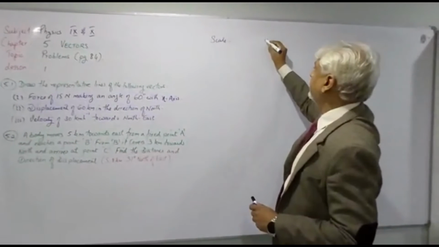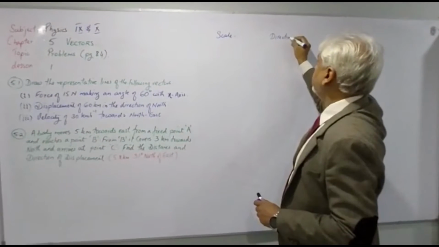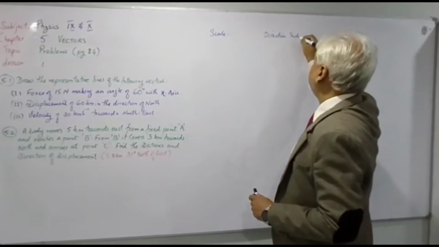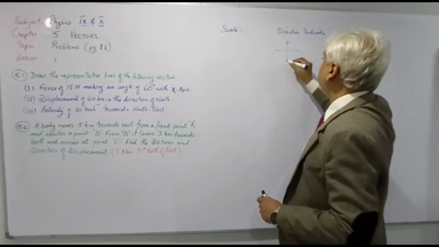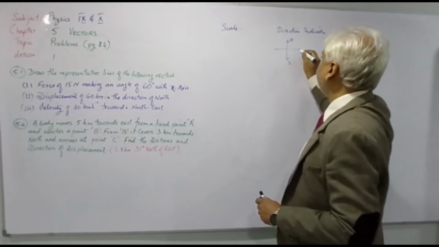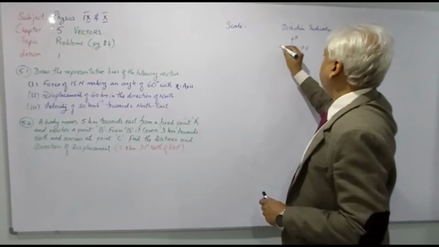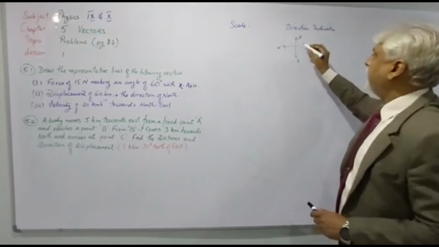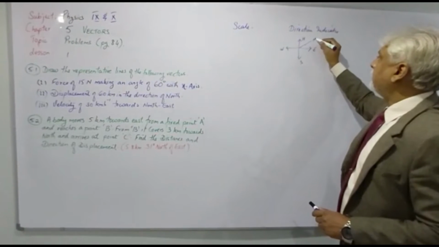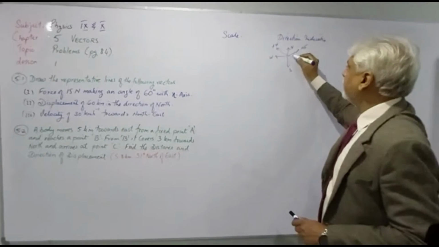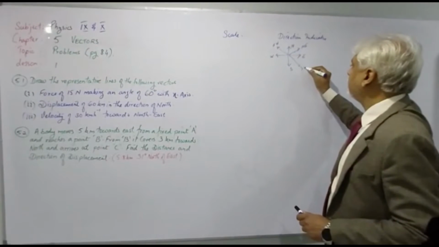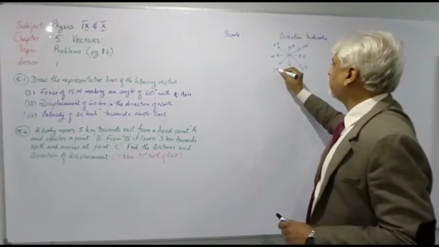Direction indicators are of two types. The first is two lines crossing each other which tell you the direction, for example north, south, east and west. This direction would be northeast, this would be northwest, this would give you southeast, and this would give you southwest.